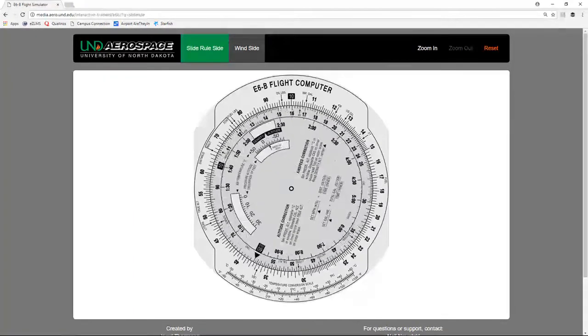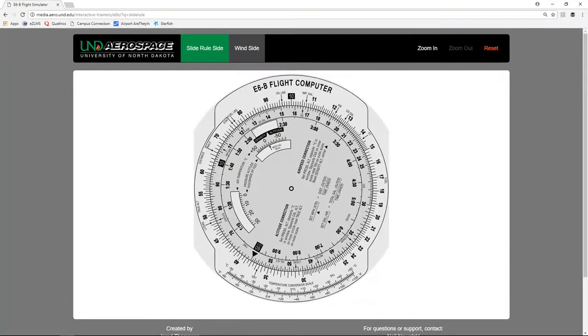So we'll use the number 23 on the A scale, align that with our seconds index, our 36 index right here. Those are now aligned. And we have a distance of 3.2 miles. So the distance is on the outer scale. We're looking for the number 32. So this would be right here. That would represent 3.2. And right below that will be our time in seconds on the B scale, so it's about 50 seconds.